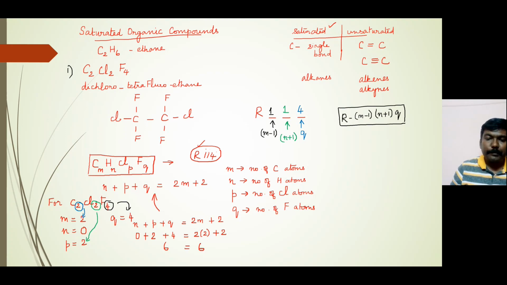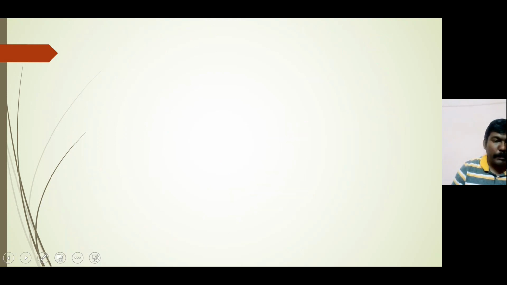To make things clear, let's take one more example. So the second example, let's take CCl2F2. So this is dichlorodifluoro.